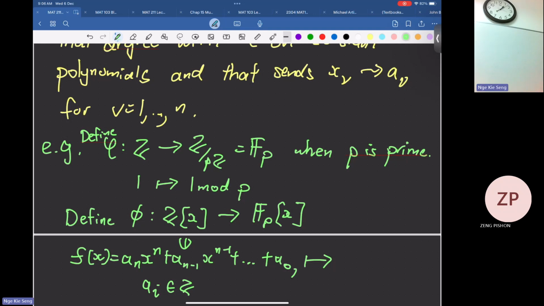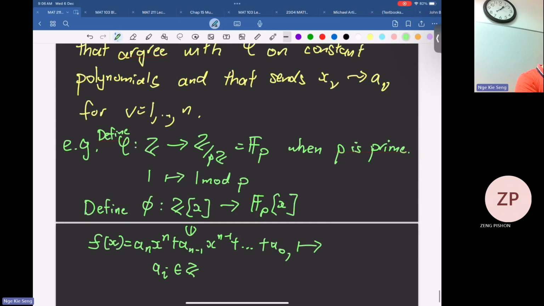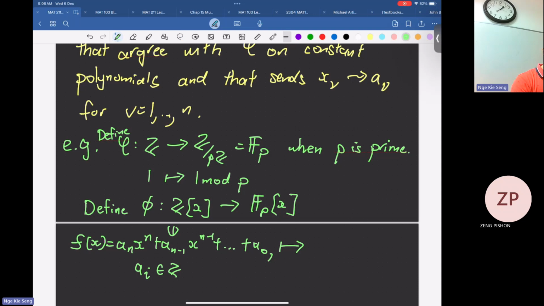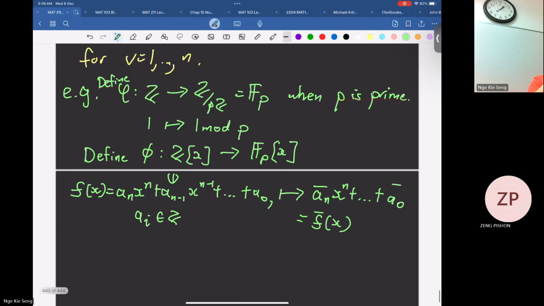I can reduce the coefficients mod p. So I can send all these coefficients to mod p. How do we denote mod p? Usually we just put a bar. And then we will write this f bar(x), where a_i bar equals a_i mod p.